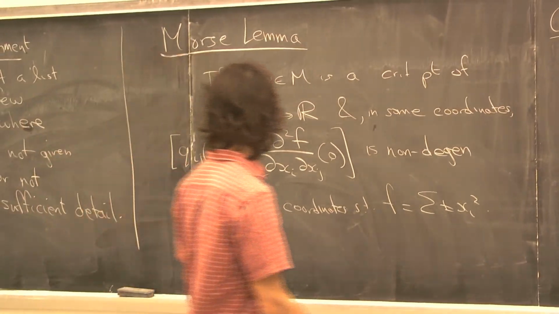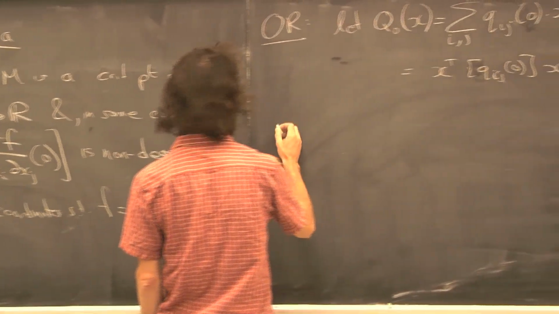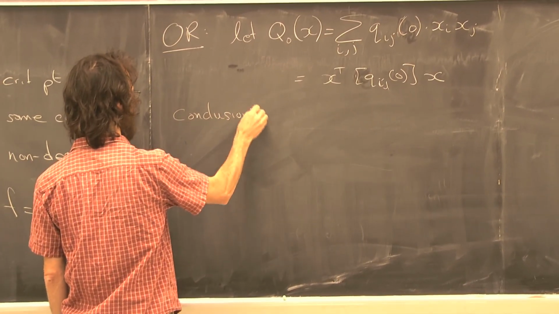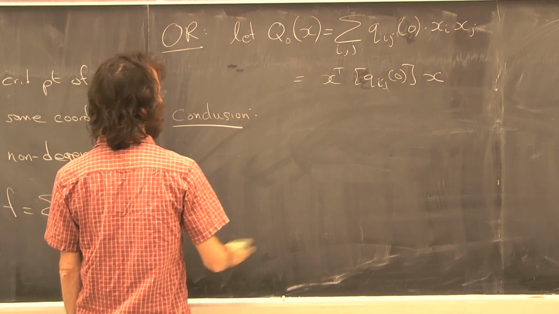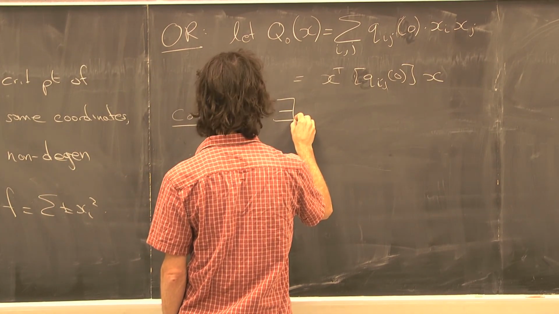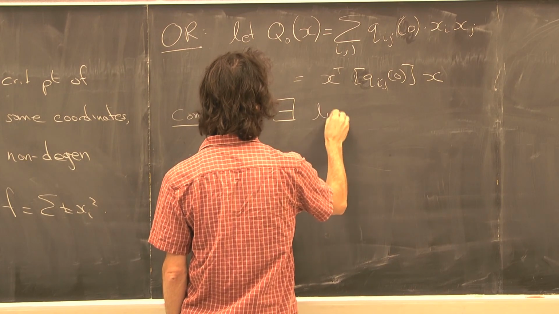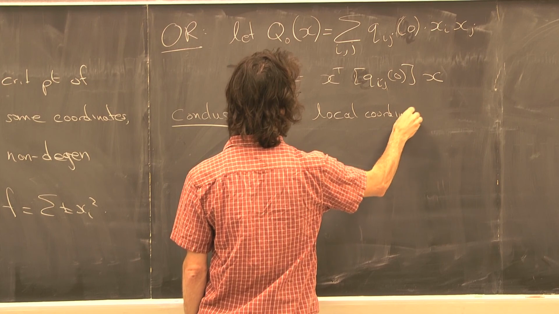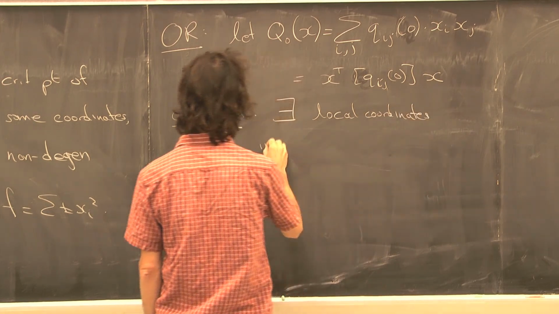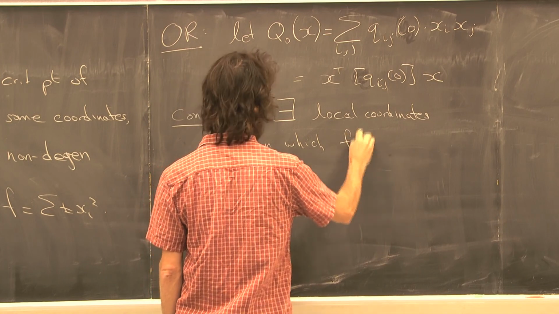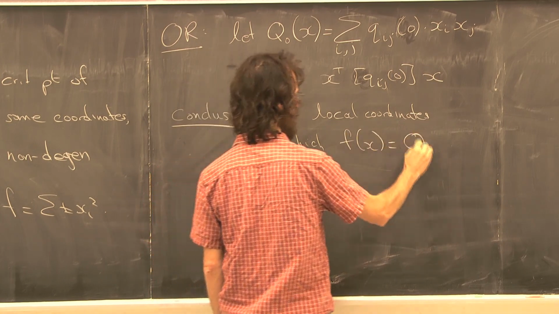So one of the equivalent statements is that the conclusion of the theorem is that there exist some local coordinates in which f of x just equals q0 of x.